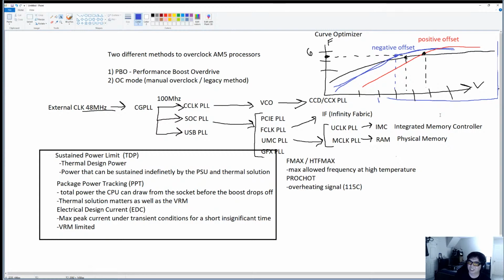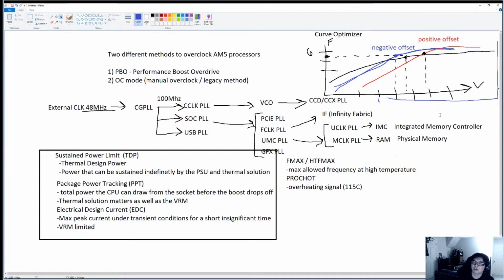Typically, you're not going to be able to get better frequency when you're doing a negative offset, because negative offset on curve optimizer is basically undervolting the CPU. You're basically telling the CPU, give me 5.8 at a voltage less than stock. And that may not always work for everybody.